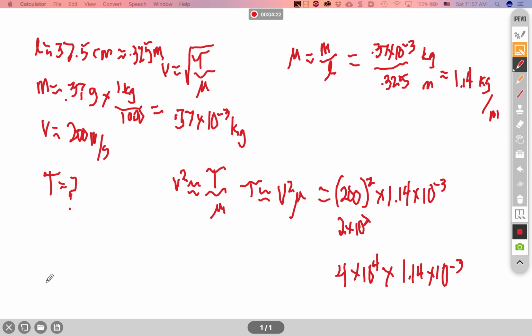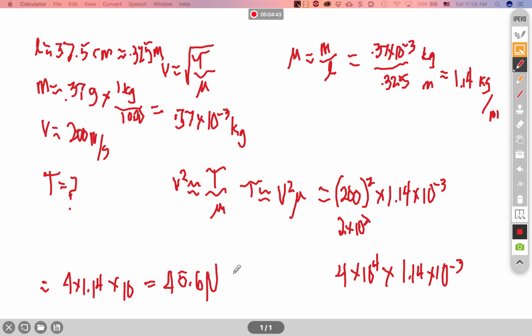So that gives us over here 4 times 1.14 times 10. And when you plug that all into a calculator, that gives you 45.6 newtons.